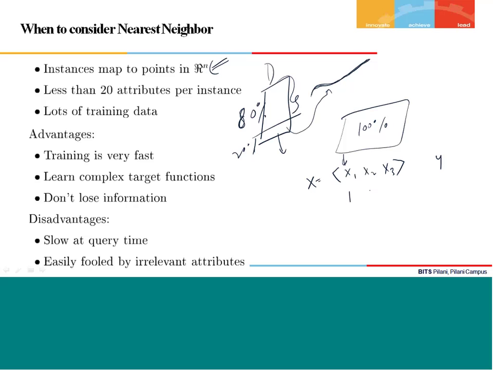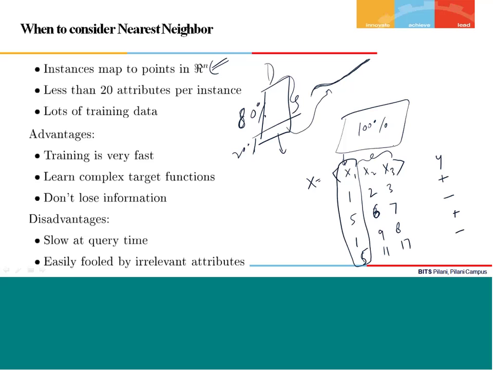Every time I get 1, 2, 3, I get positive, and every time I get 5, 6, 7, I get negative. 1, 9, 8, I get positive, and if I get 5, 11, 17, I get negative. So this is the only attribute which has relevant information, and these two attributes don't have any relevant information.